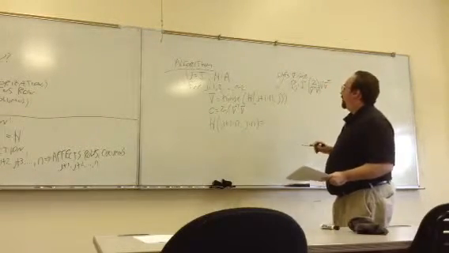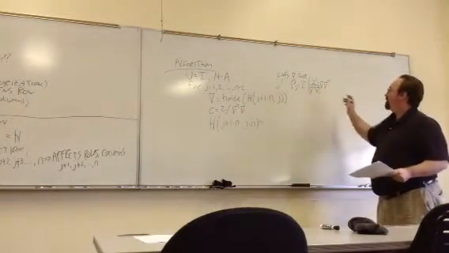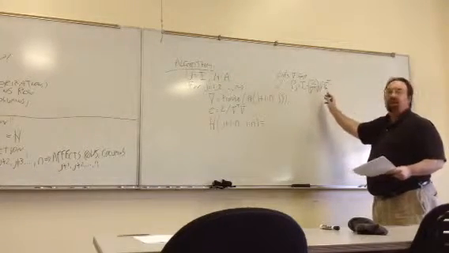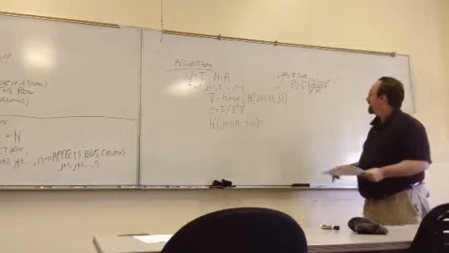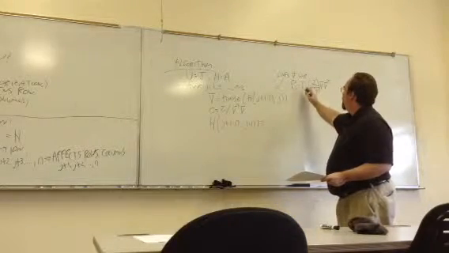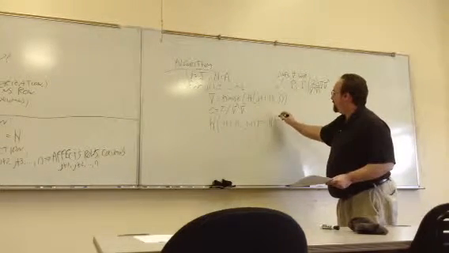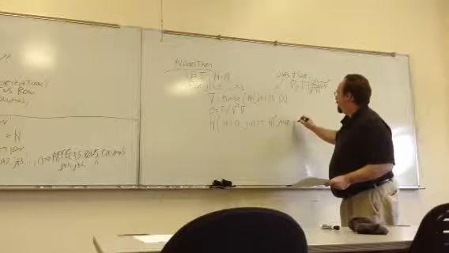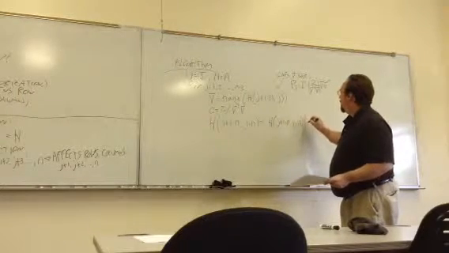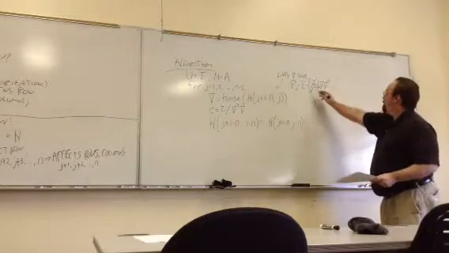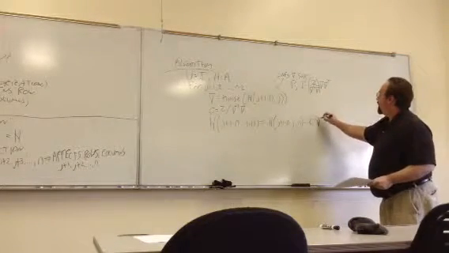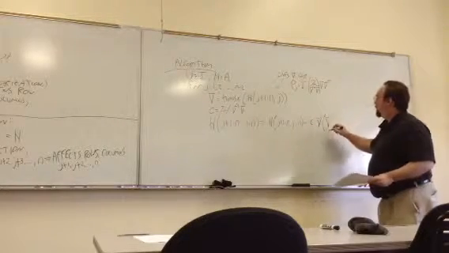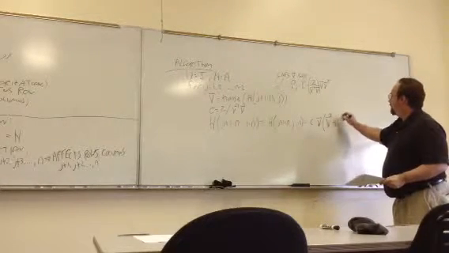Now, I'm not going to form this Householder reflection explicitly. I'm going to take this matrix here and distribute it. So I'm going to have identity times this submatrix, minus this constant times V, and then V transpose times this submatrix again.